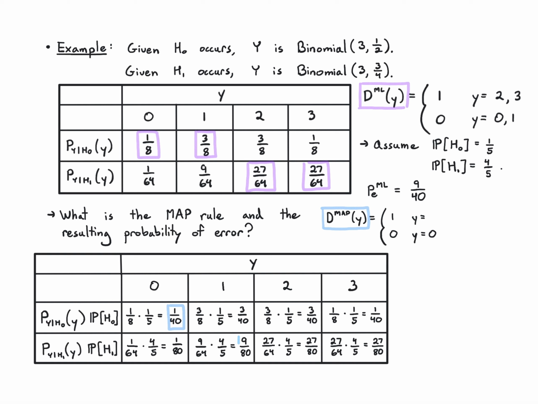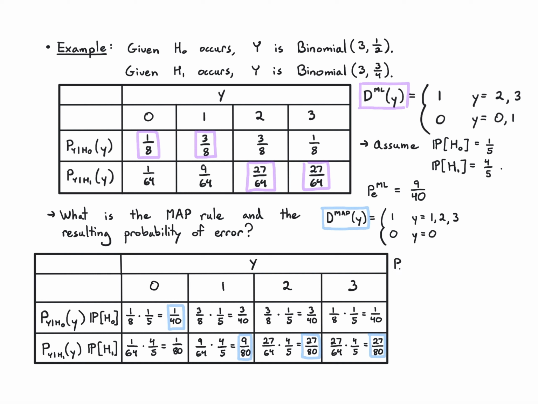In the next column, 9/80 is larger than 3/40, so that's going to go to hypothesis 1, and the same thing for the other two entries. So 1, 2, and 3 are going to decide 1, and y equals 0 is going to decide 0. So you see there's a difference in this case between the MAP and the ML rule in that y equals 1 is now assigned to hypothesis 1.